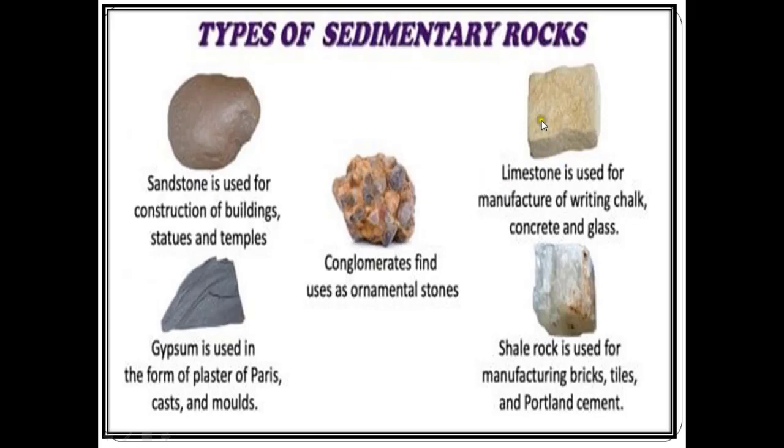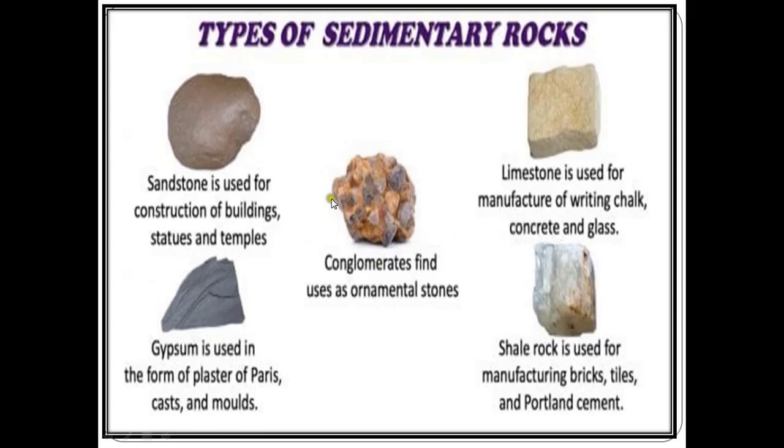Limestone is used for manufacturing writing chalk, concrete and glass. So these are the limestones which we can see here. Chalk we also use for writing purposes. Another thing that we can talk about is conglomerate.